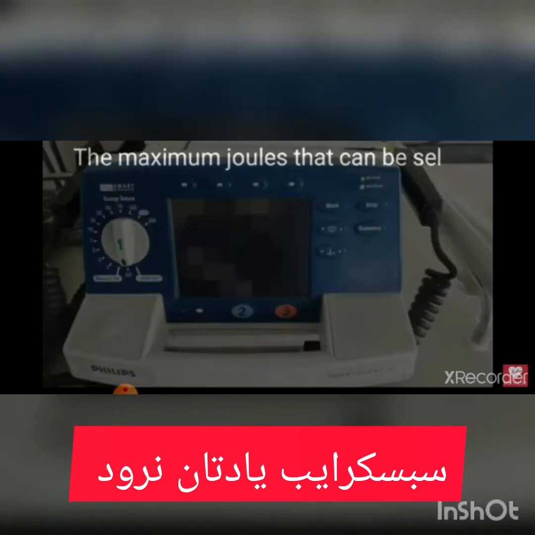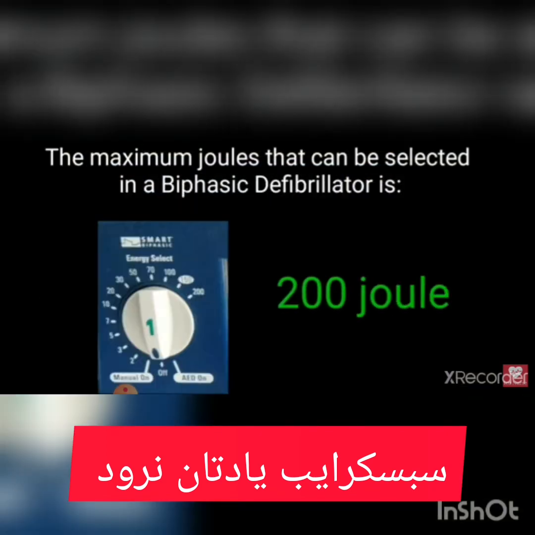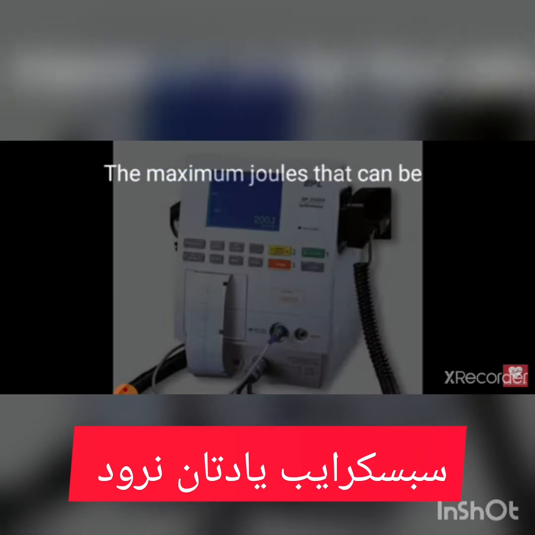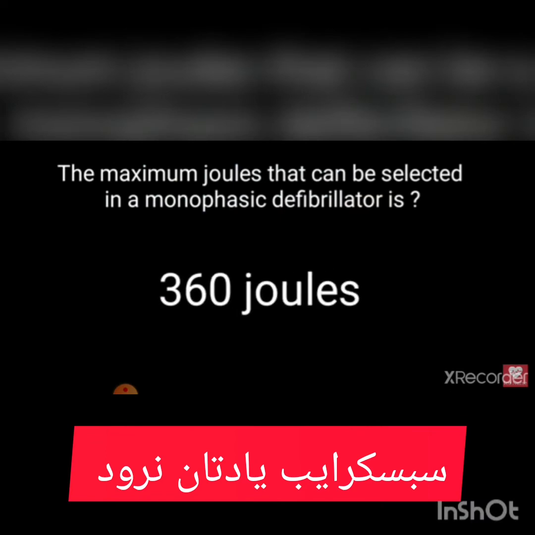The maximum joules that can be selected in a biphasic defibrillator is 200 joules. The maximum joules that can be selected in a monophasic defibrillator is 360 joules.